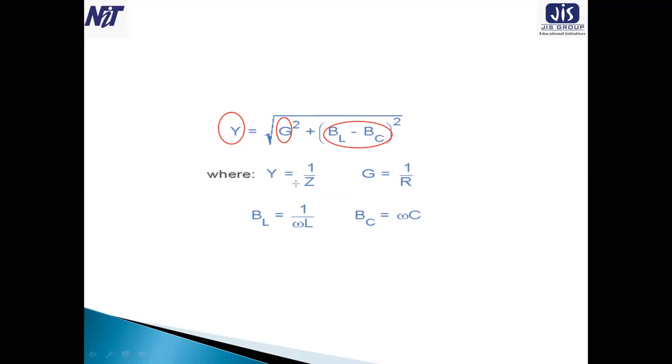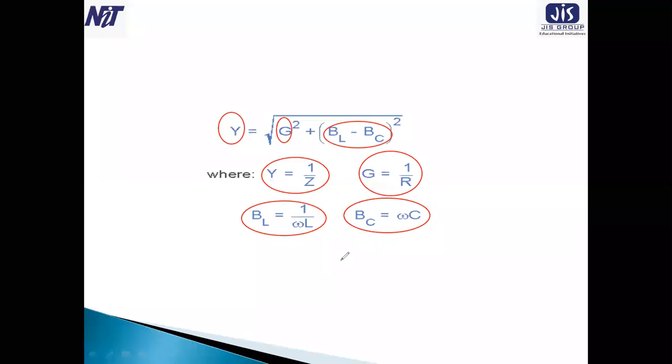Here, Y is nothing but 1 by Z. We already defined this. G is nothing but 1 by R, and BL is equal to 1 by omega L, and BC equals omega C. Where omega, you all know what omega is? It is the angular frequency.